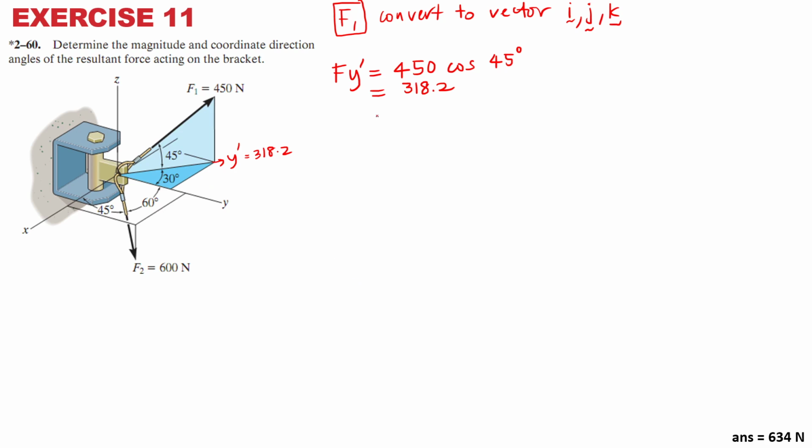So fx, you know. Do we have to draw the auxiliary axis? Maybe we don't. Maybe we do. So this is your fy prime. Fy is over here. So fy is equivalent to 318.2 cos 30 degrees.